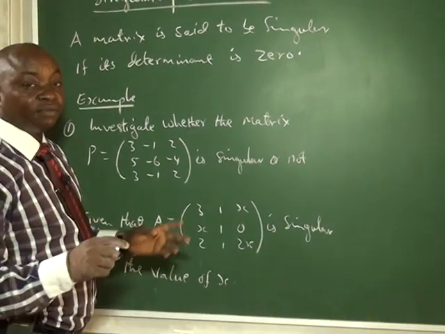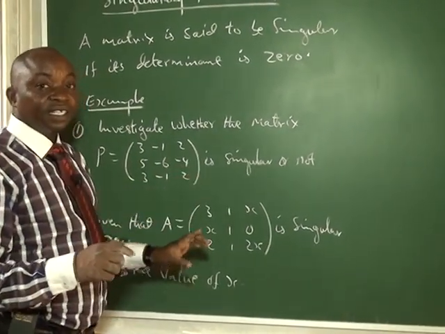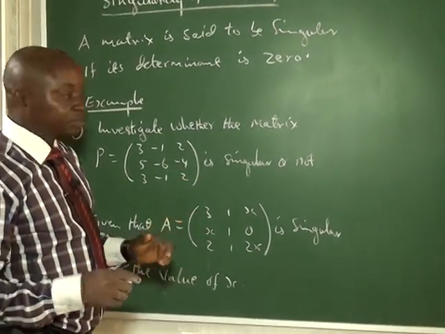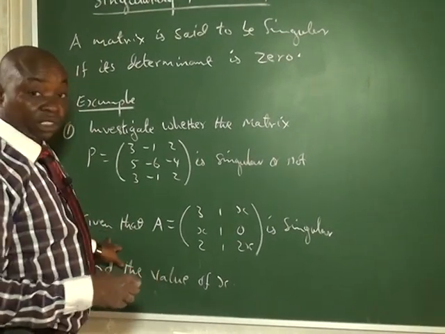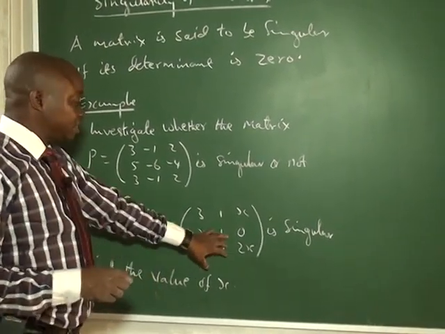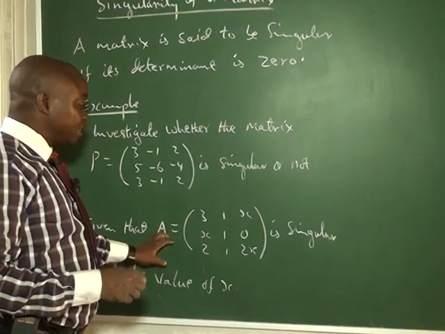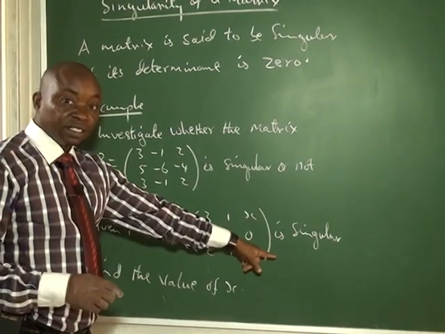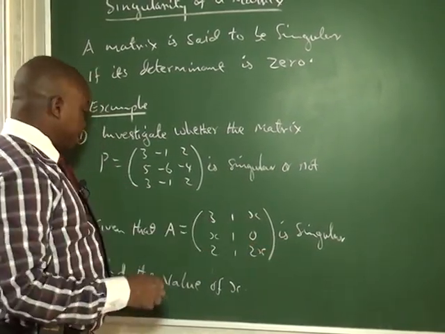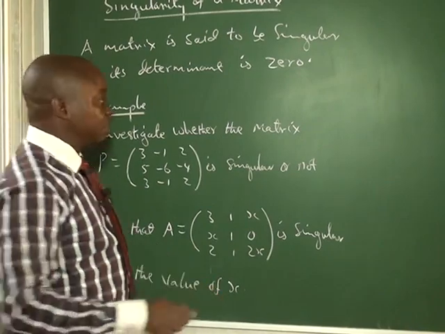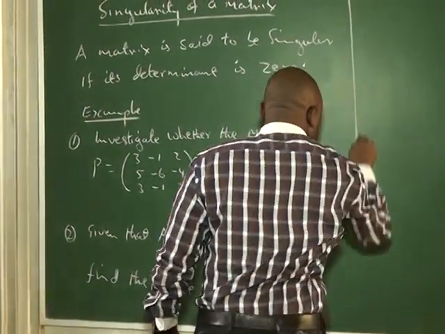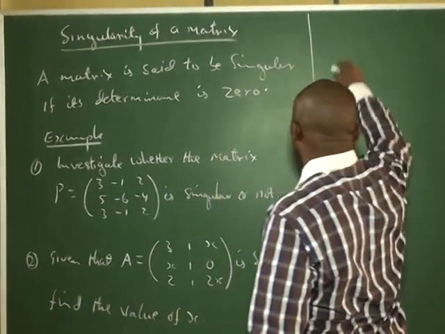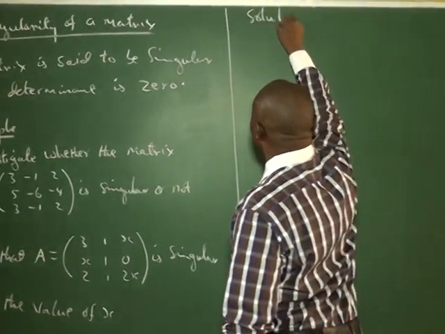Remember that for P to be singular, its determinant must be 0. The second one, given that A is this and A is singular, find the value of x. All right, let us continue to take the solution.